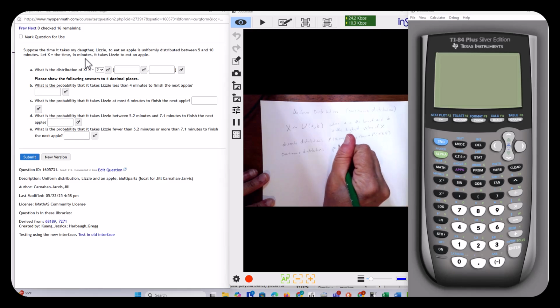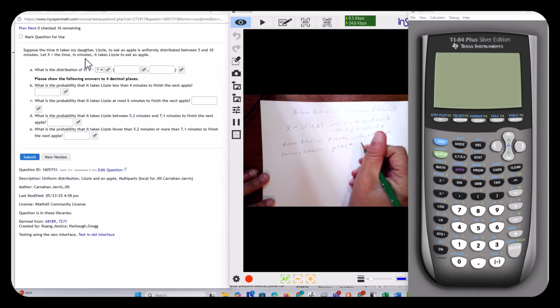So the probability that x is less than or equal to some number is the same as the probability that x is just simply less than that number. So less than and less than or equal to makes no difference in a continuous probability distribution. And the same thing for greater than.